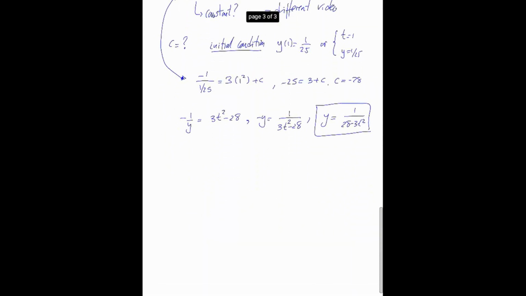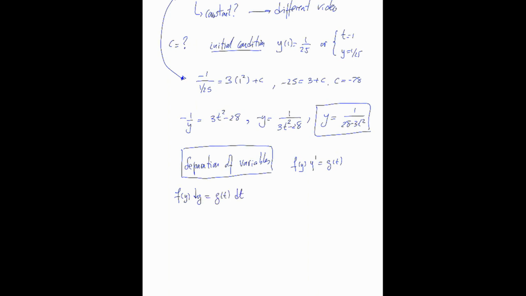Recap of the method of separation of variables. What we have is a differential equation of degree 1, order 1, because it involves only the first derivative, and it's of this form: f of y times y prime equals g of t, or if you prefer, f of y dy over dt equals g of t, so dt moves to the other side, f of y dy equals g of t dt.